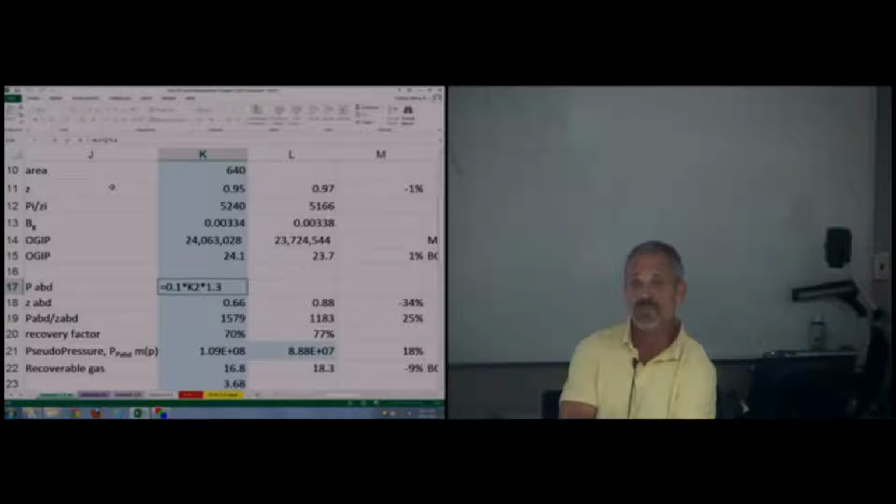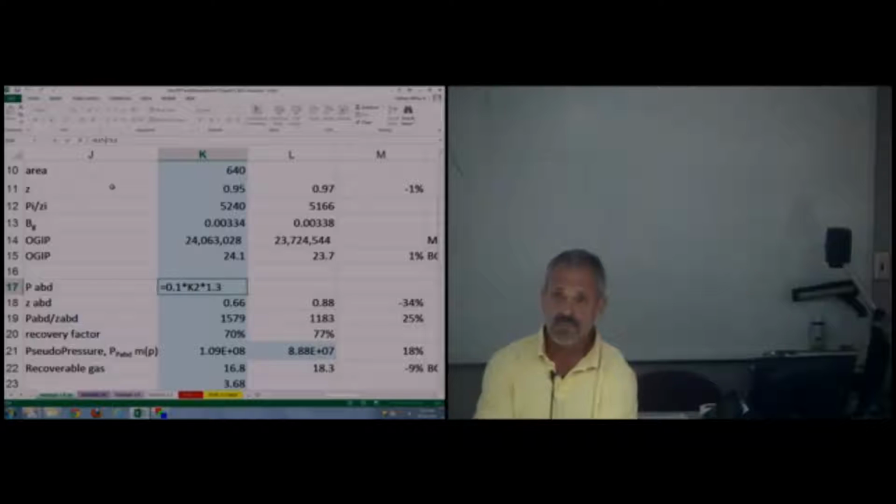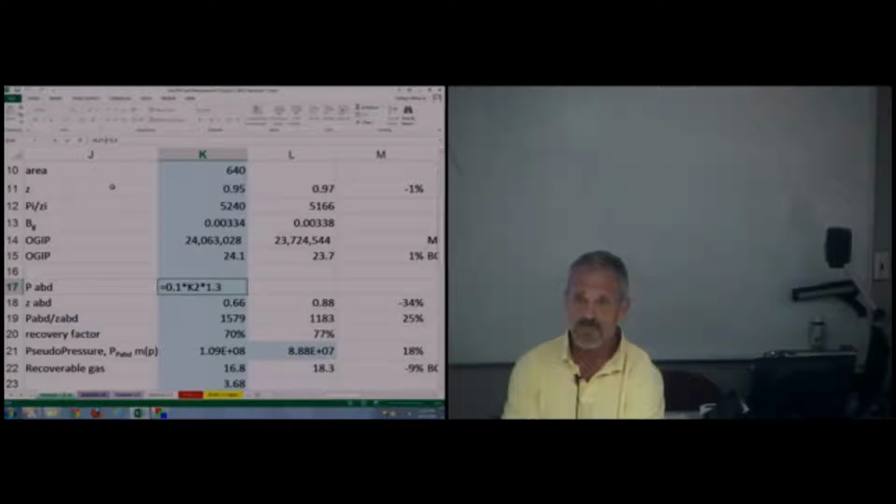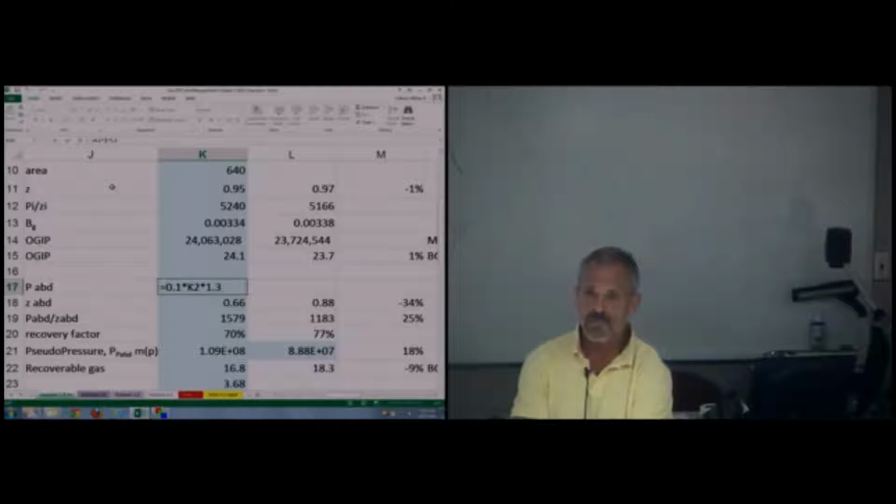Yes? In your analysis, when you calculated the pseudo pressure for the abandonment and the original one, you only considered the change in specific gravity at the surface, as that was the only input you adjusted. Yeah, the only perturbation I made in that right column and in that wrong column was using the wrong gas gravity, the separator gas gravity.